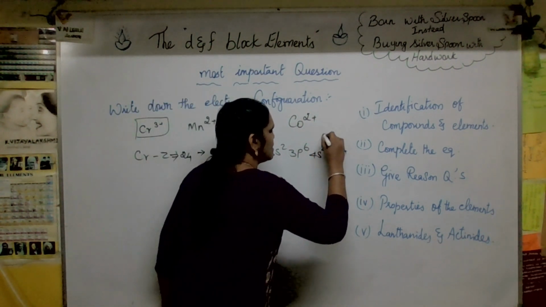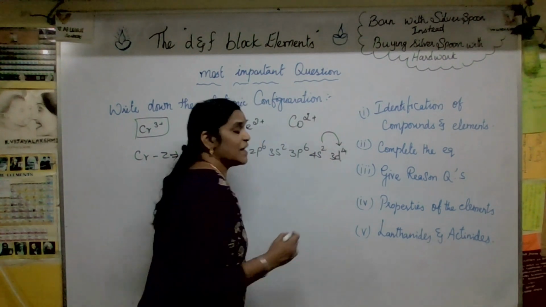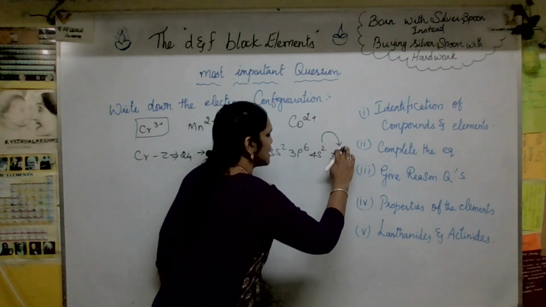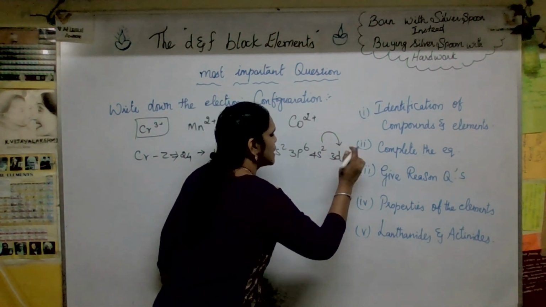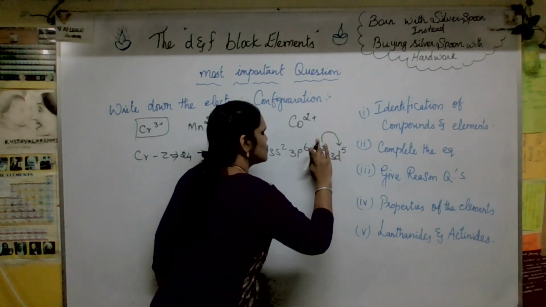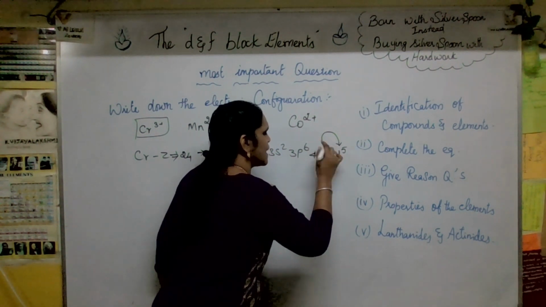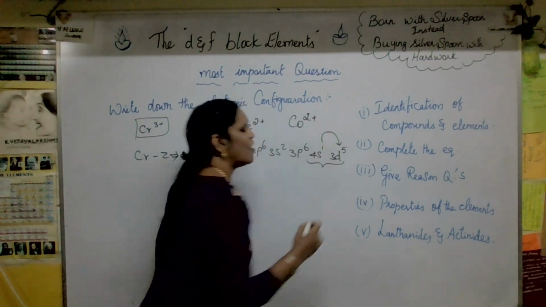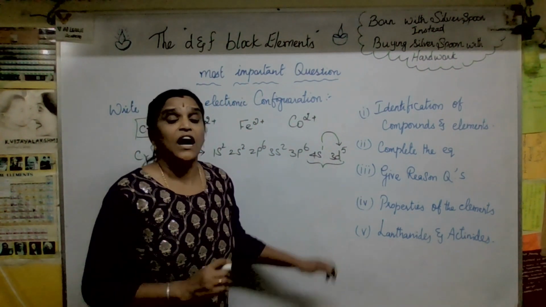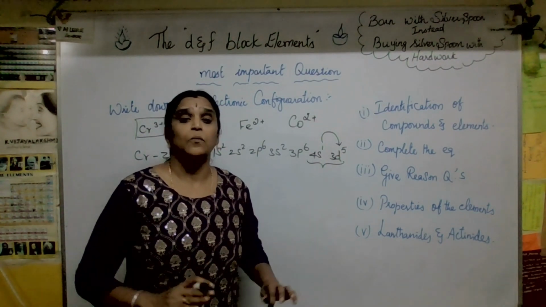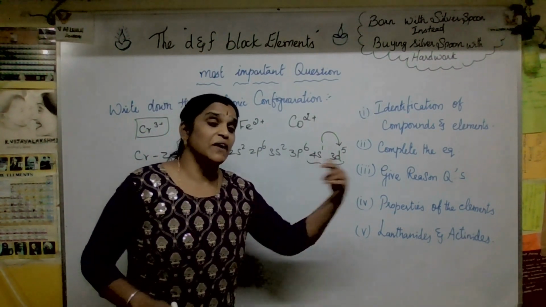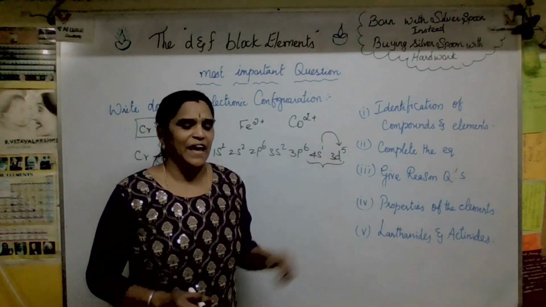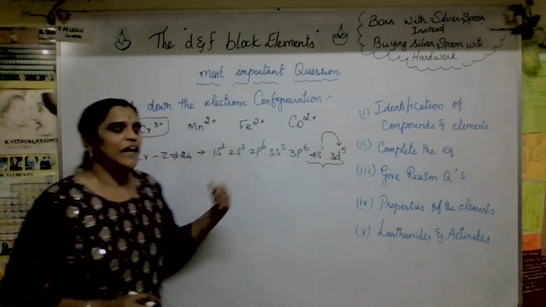The one electron from here moves, so automatically that 4 becomes 5, and this 2 becomes 1. So naturally it is half filled. Half filled and completely filled are more stable. That you already learnt in grade 11. I hope you remember. Now come to this point.